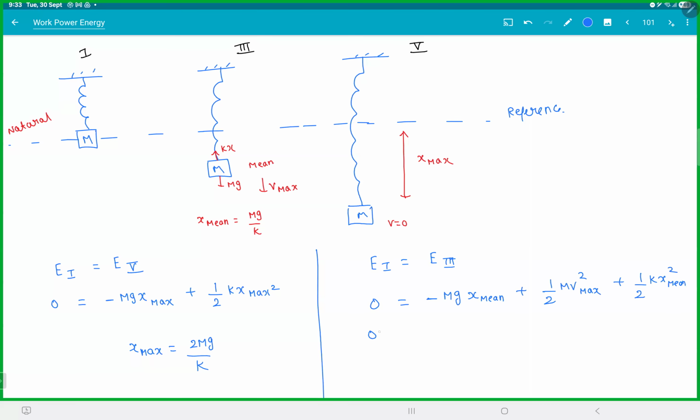Substitute the values. So this would be mg x mean, where x mean is again mg by k, equals half mv square plus half k times mg by k whole square. Solve this, you will end up with v equal to m into root over g by k, or g into root over m by k.